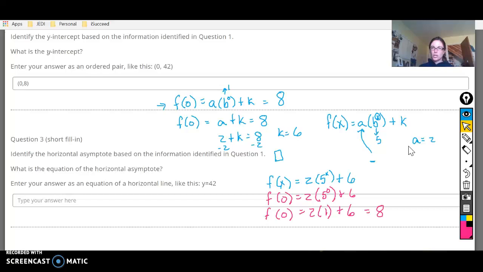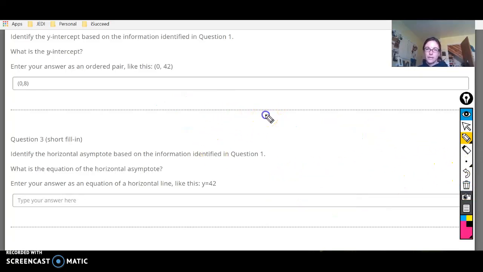So if I chose, for example, let's say I made 5 a negative 1. I'm going to just rewrite this formula here. So if I have f of x equals 2 times 5 to the x plus 6, let's say I go negative with my exponent and I say f at negative 1.